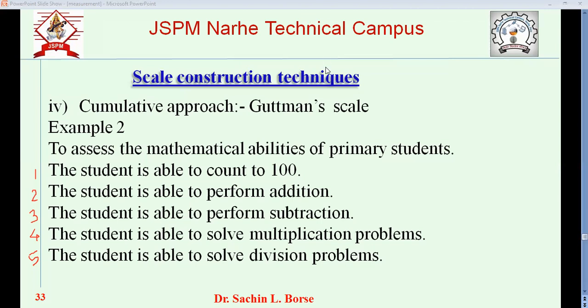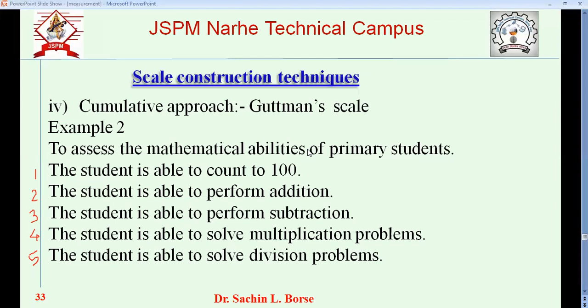Then next is, one of the problems with the Guttman scale is what? It is difficult to create. Example alone cannot make it a Guttman scale.